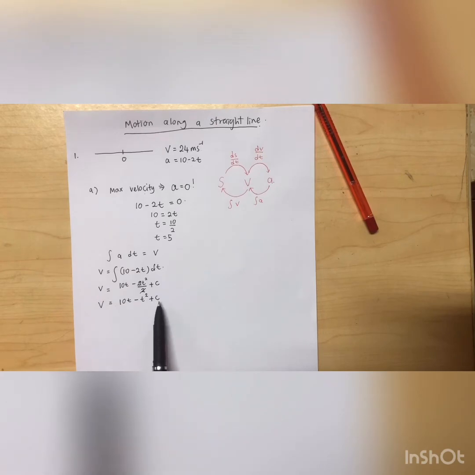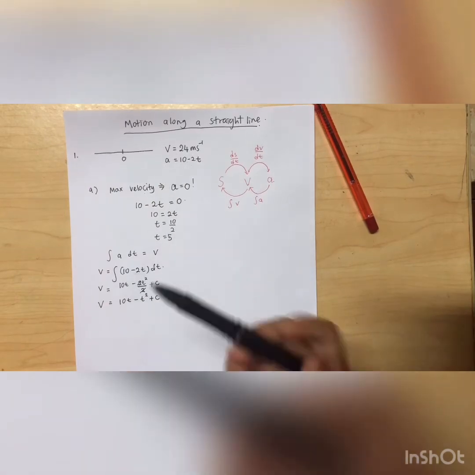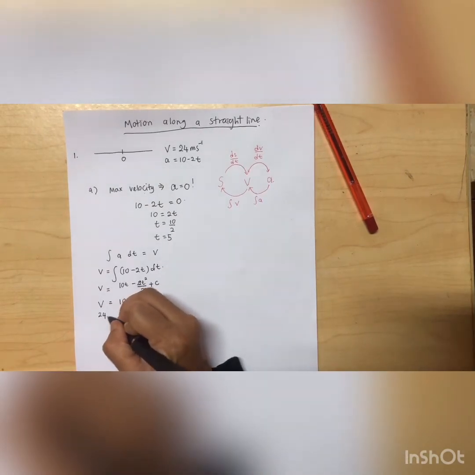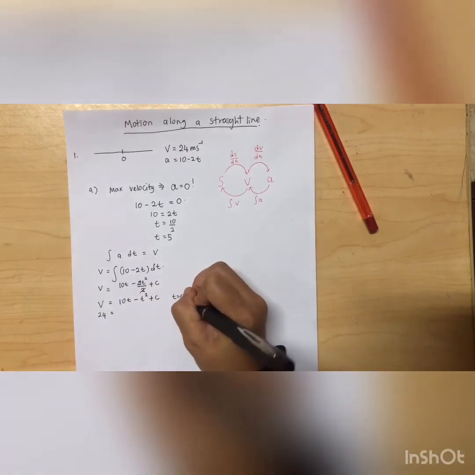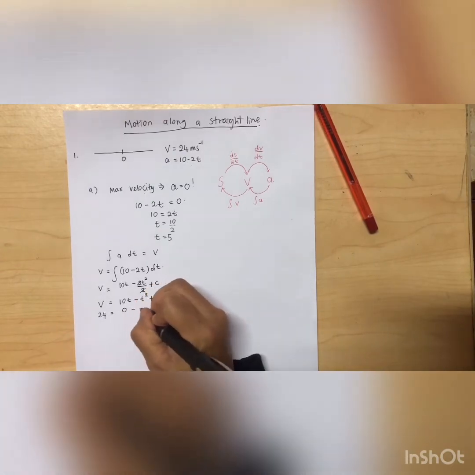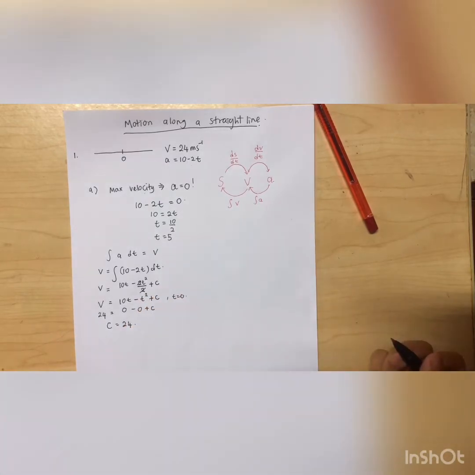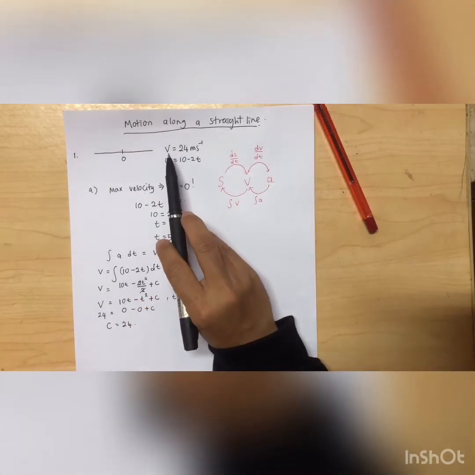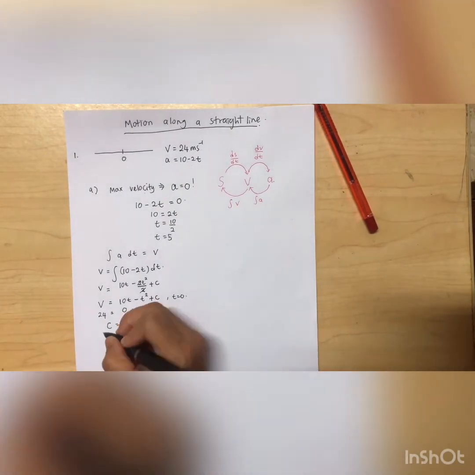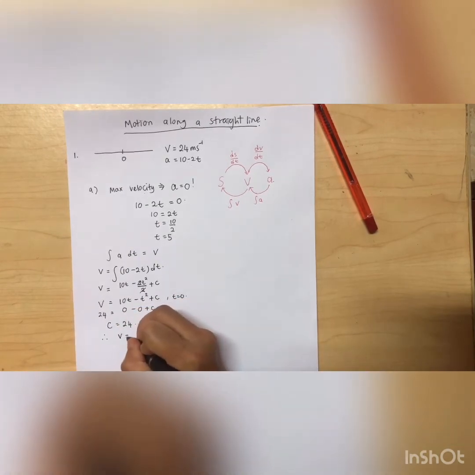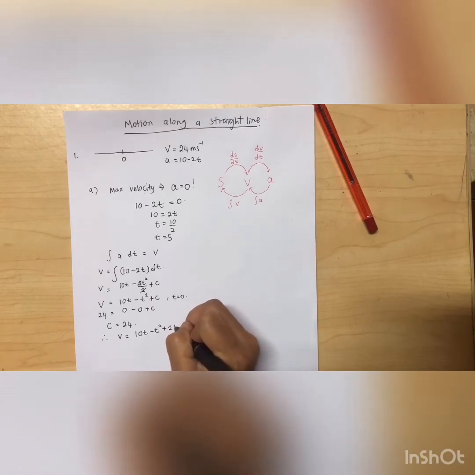From the first question, given that v equals 24 when t equals 0, your c will be 24. So in this case, v equals 10t minus t squared plus 24.